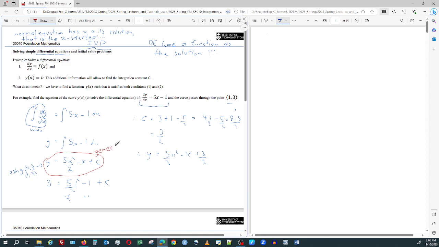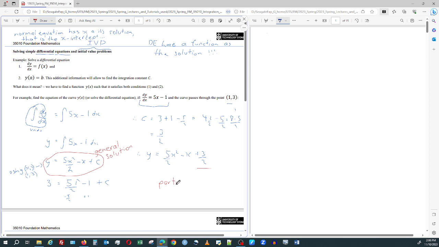After we've worked out what happens at a particular point in time or distance or whatever it is, we rearrange and solve for the constant. In this case, we've got 3 on 2. And so this represents a particular solution.